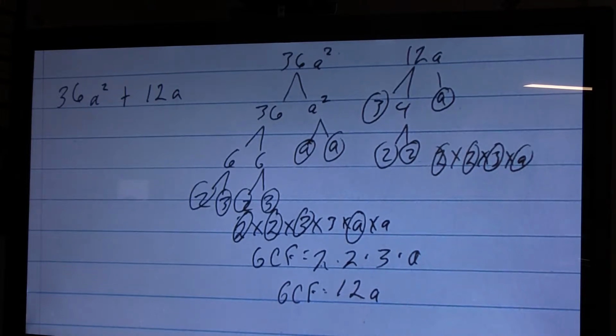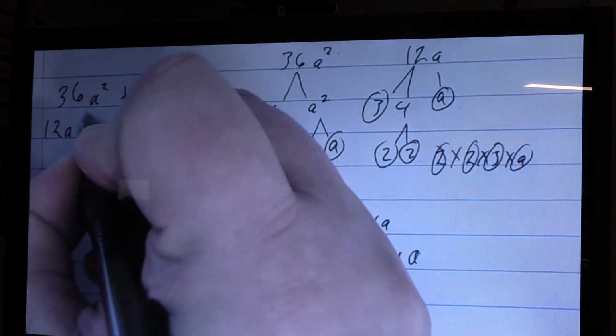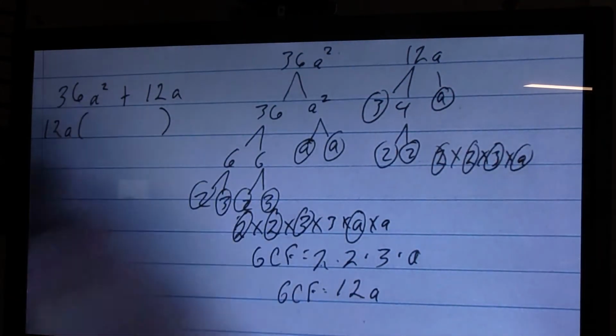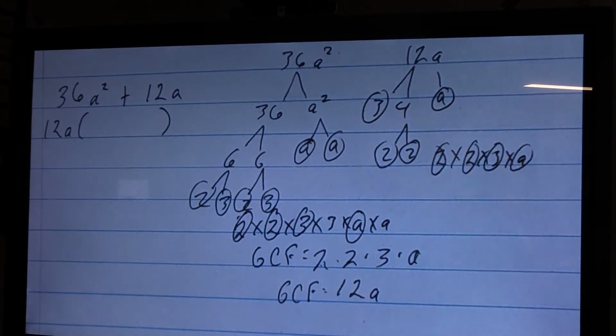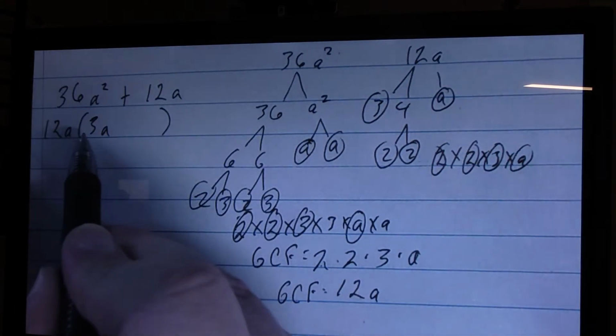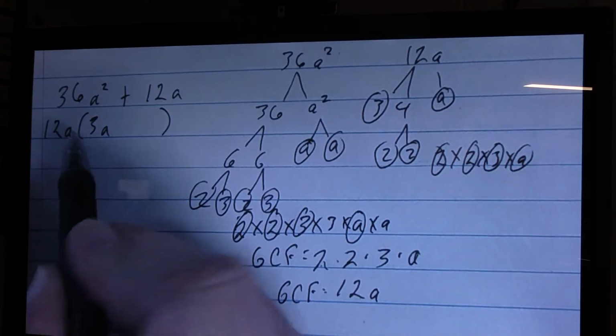Now, I'm going to go ahead and put 12a right here, and I want to see how many groups of 12a can I get out of 36a squared. And I can get 3a. Now, 12 times 3 is 36. a times a is a squared, so that will work.